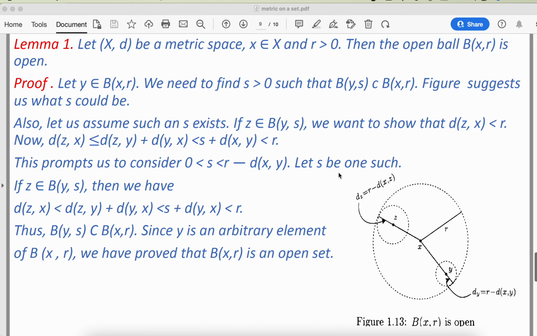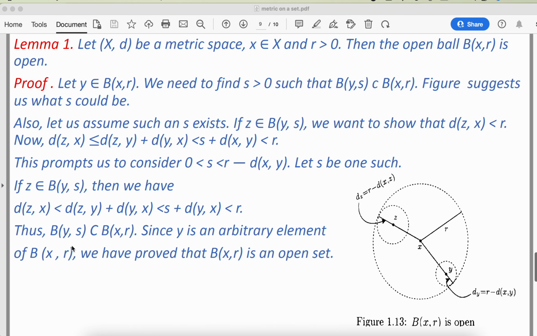Let s be like this, which lies between 0 and r minus d(x, y). If z belongs to B(y, s), then we have the distance of z from x less than the distance of z from y plus the distance of y from x, and this is less than s plus d(x, y), and this is less than r because we have selected s like this.